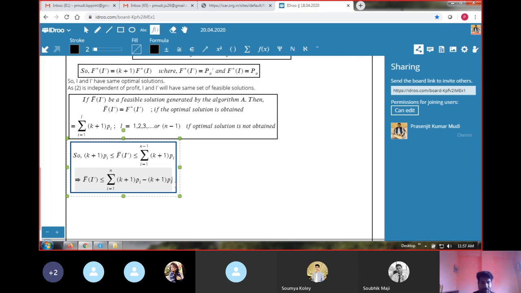Right? So we are adding one term there and subtracting this. Summation 1 to n is your f star I dash.